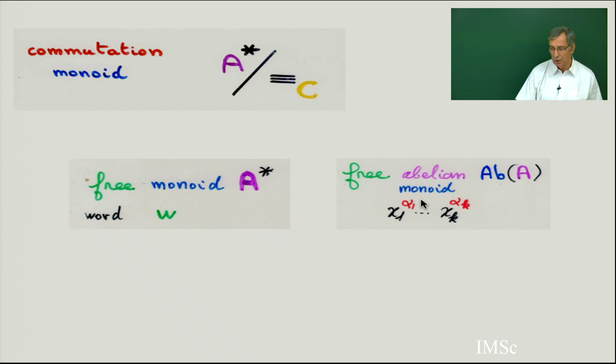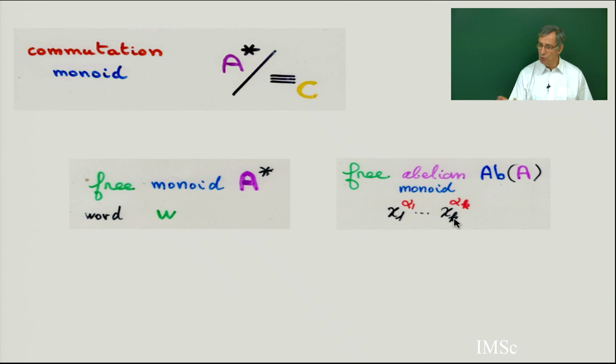So two extreme cases of this commutation monoid: if nobody commutes, then you have the free monoid. And if any pair of distinct letters A, B commute, then you have the free abelian monoid, which can be written like this monomial, the generator of the free abelian monoid generated by the alphabet A, where X1, X2, Xk are some letters of the alphabet.